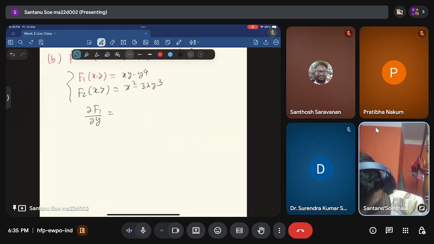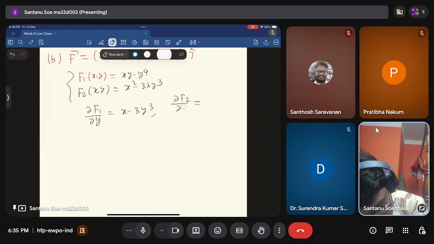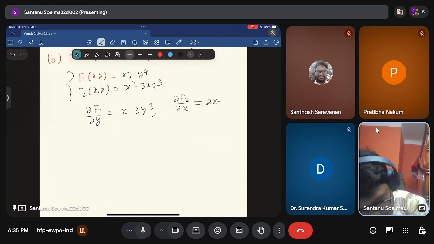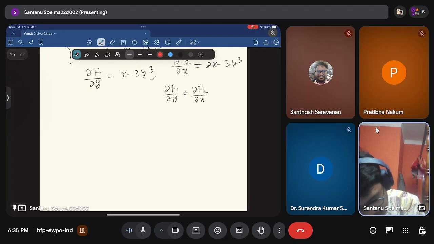So this should be x minus 3y cube, and del f2 del x equals to 2x minus 3y. Okay, and in this case del f1 del y is not equal to del f2 del x. Okay, so now let us write the next question.